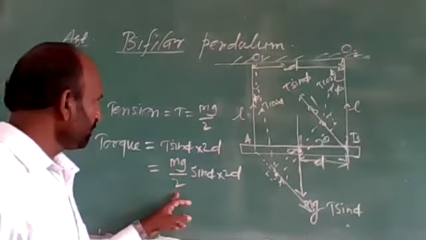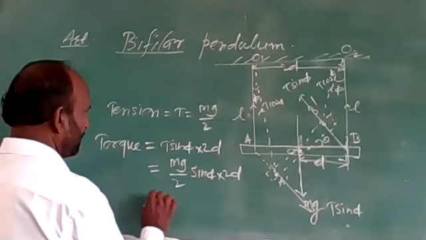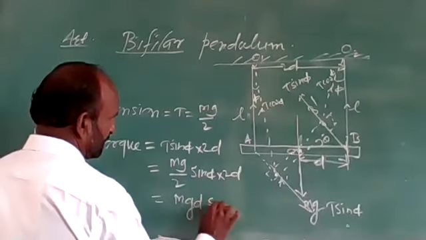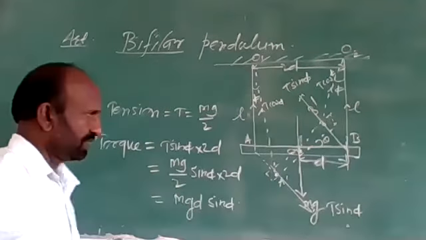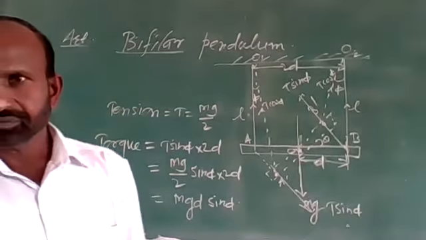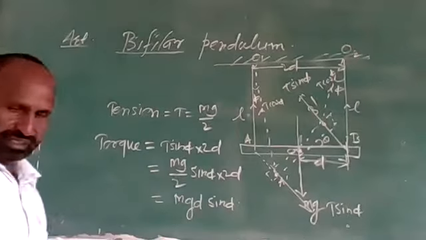Here 2 and 2, we can cancel that, and our equation will be mg d sin phi. Then we can use this torque.